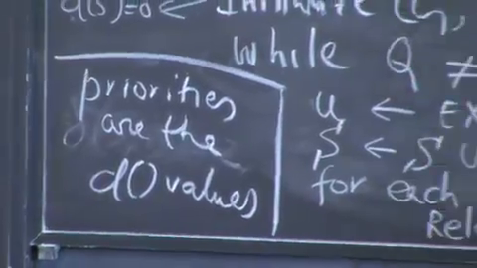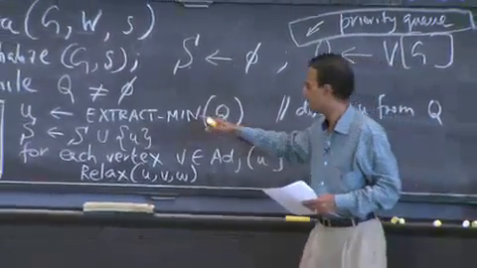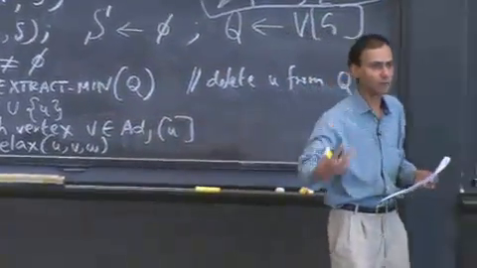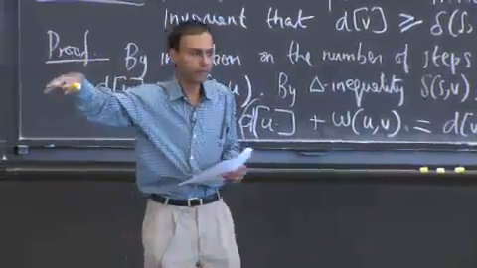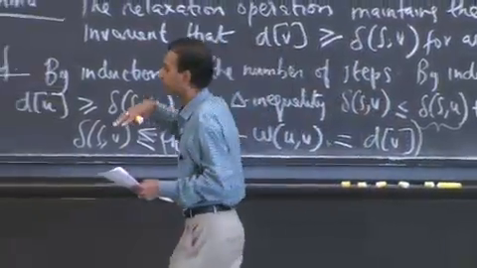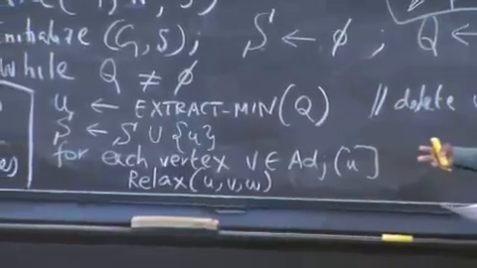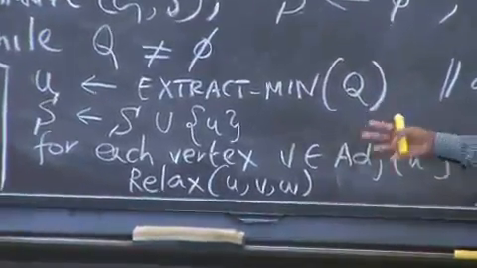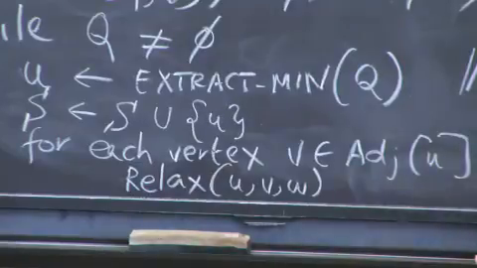So it's clear that the very first time you're going to set U to be small s, which is the starting vertex. And then you relax the edges coming out of S, potentially changing some of these other infinity values of the vertices that you can reach from S to be less than infinity. And you're going to essentially change the values of the priority queue and go around and then select the min value the next time and so on and so forth. OK? Thanks for the question. Any other questions?